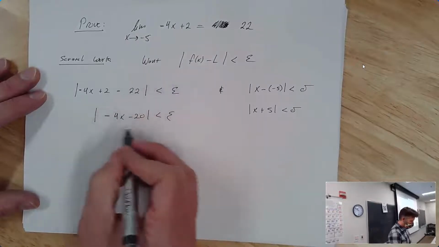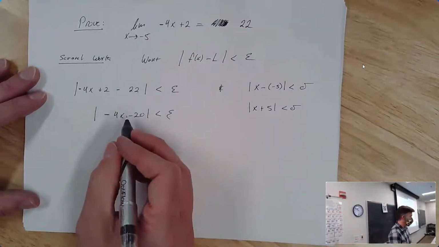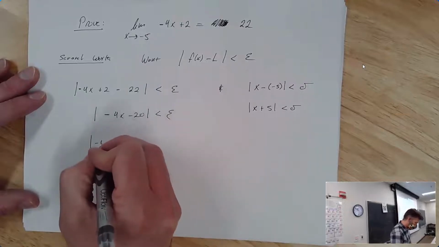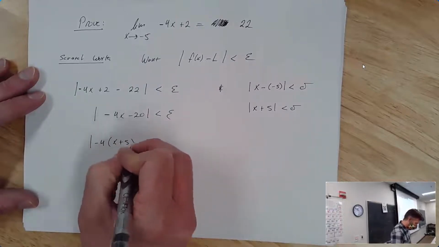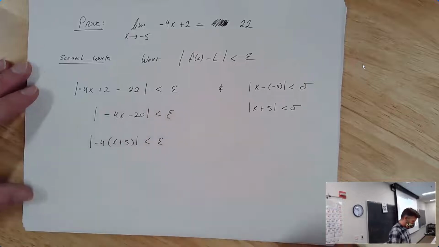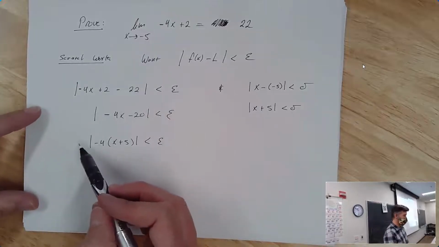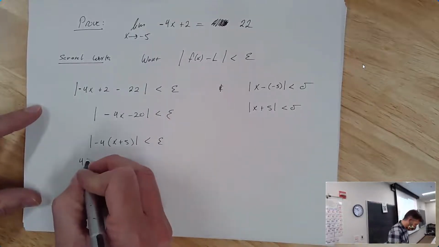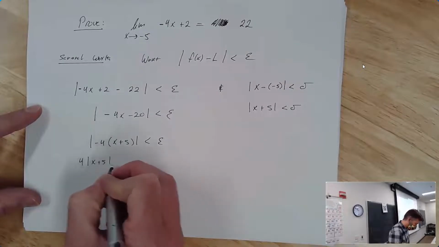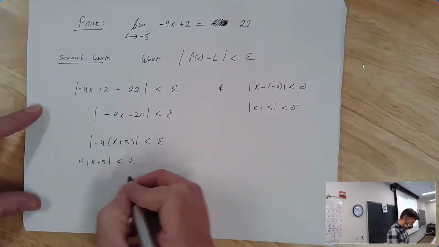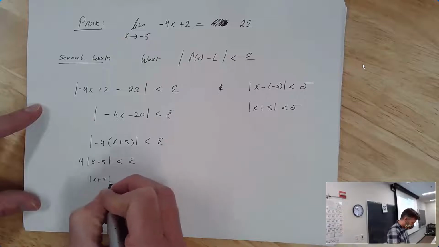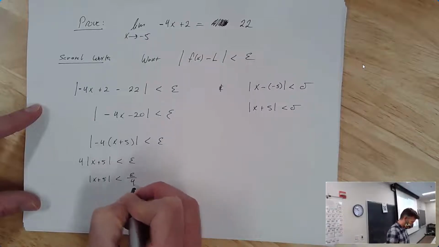Then what should I factor out from here? You get the absolute value of -4 times x plus 5 less than epsilon. Here's the thing about negatives and absolute values: if you pull this -4 out, it has to be positive. So this is 4 times the absolute value of x plus 5 less than epsilon, and then the absolute value of x plus 5 is less than epsilon divided by 4.